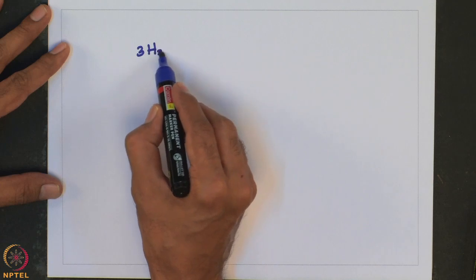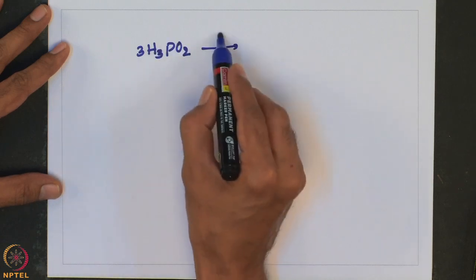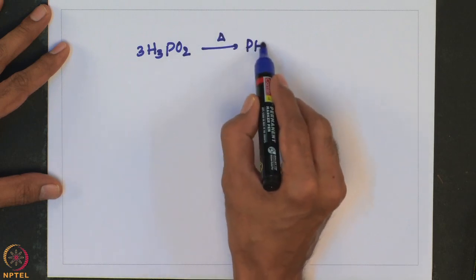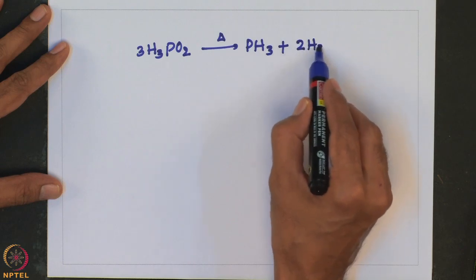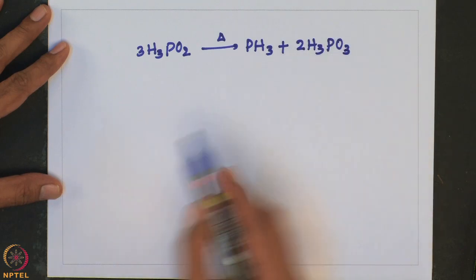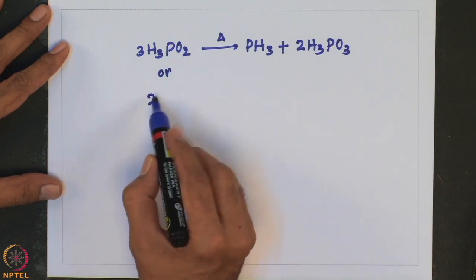So, when phosphinic acid is heated, it undergoes disproportionation and gives PH3 and H3PO3. For example, on heating, phosphinic acid forms PH3 and H3PO3, or one can also write this equation in a different way.